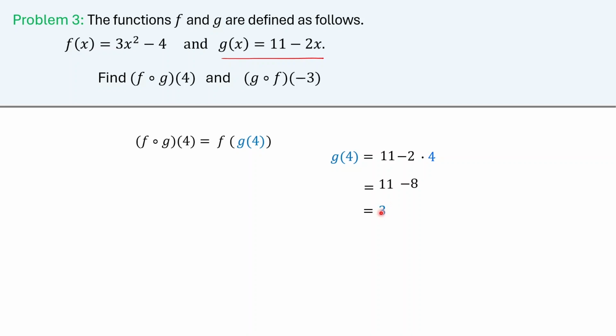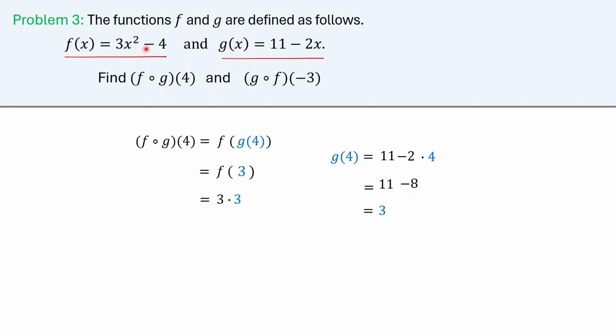Next substitute this 3 for g of 4. You get f of 3. So next you need to find f of 3. To find f of 3, you need to substitute 3 in the function f. So substitute 3 here for x. You get 3, x is 3.